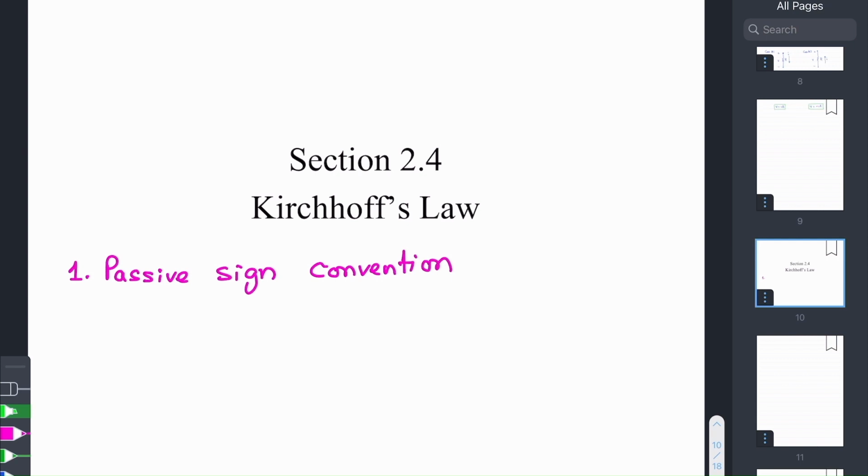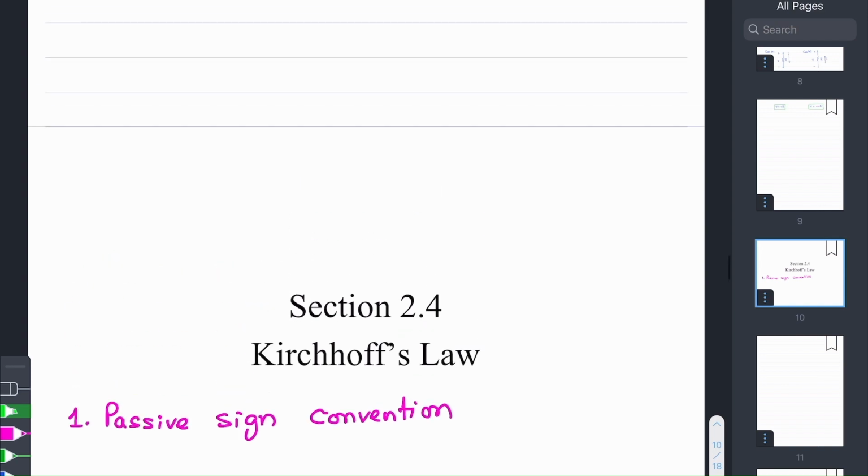Okay, if the reference current is along the direction of a voltage drop, then the relationship between voltage and current is positive. If not, it's negative. Right?